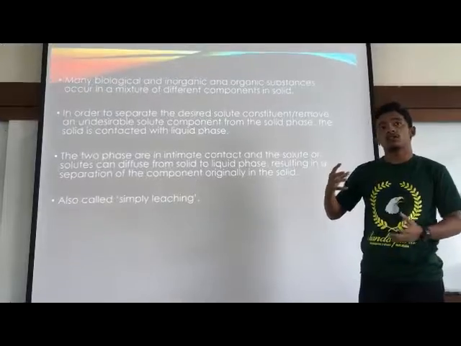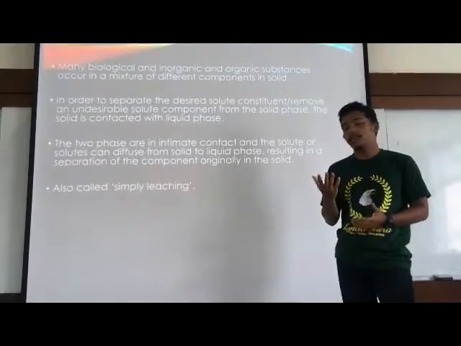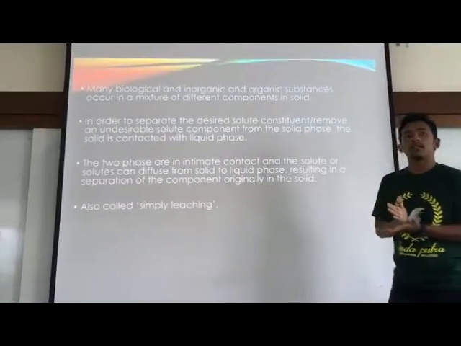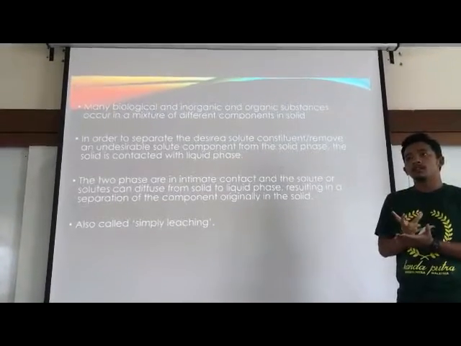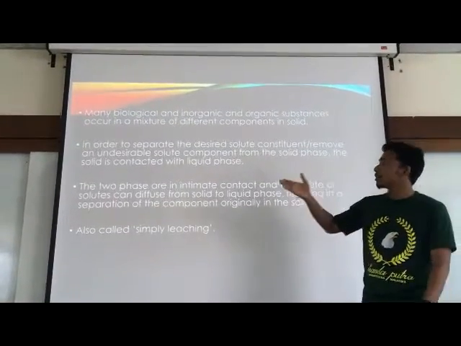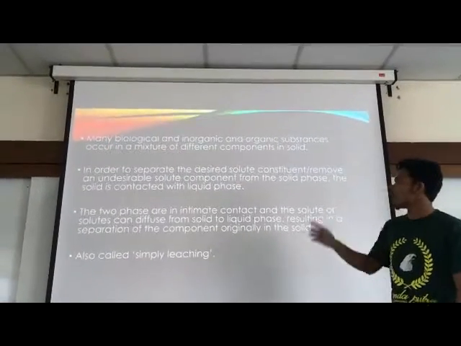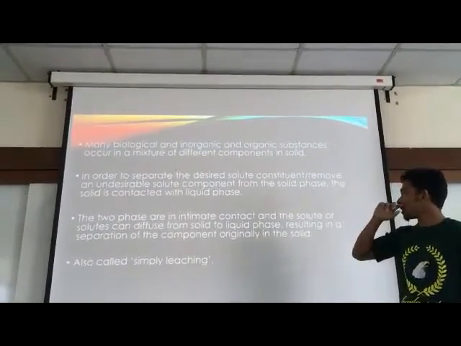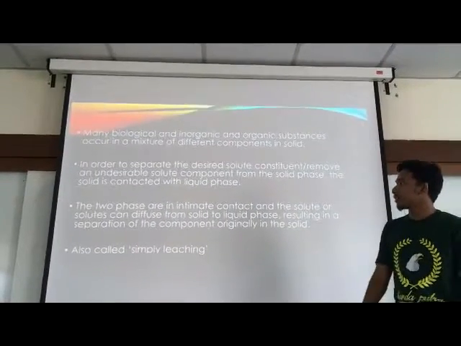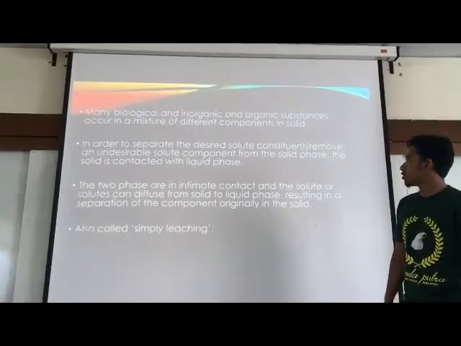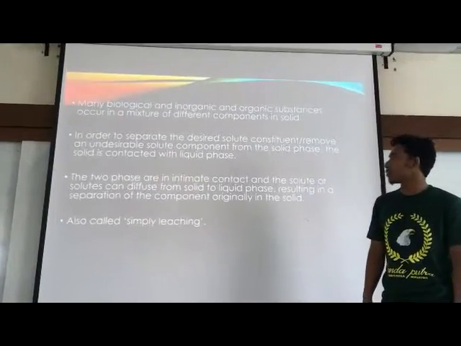Because we want to separate both the solid and liquid, we need to make contact between the solid and the liquid. The two phases are in intimate contact, and the solute can diffuse from solid to liquid phase, resulting in the separation of the component.